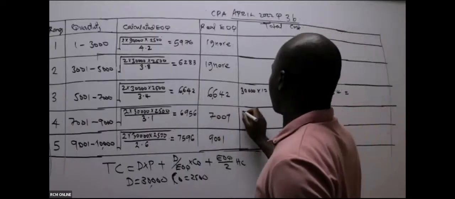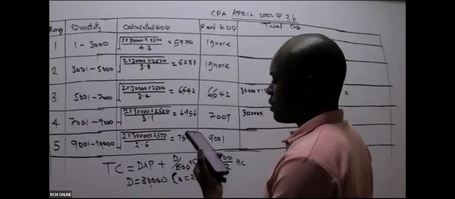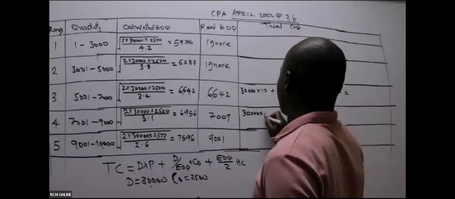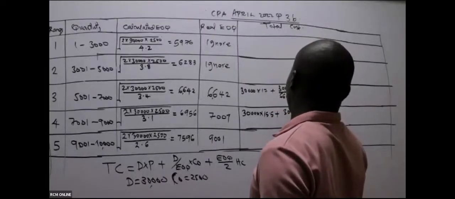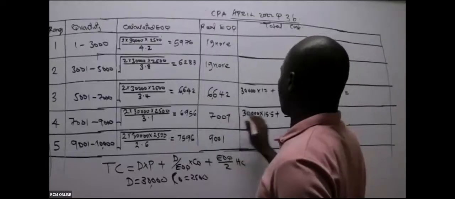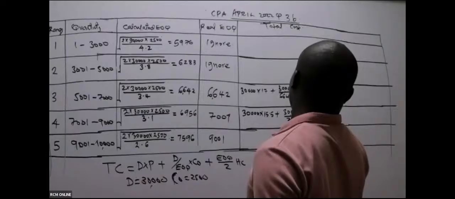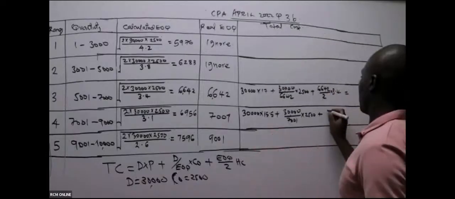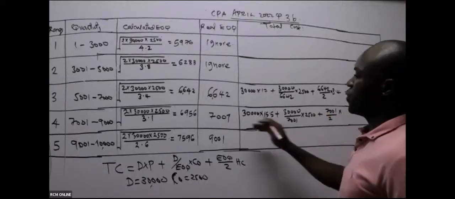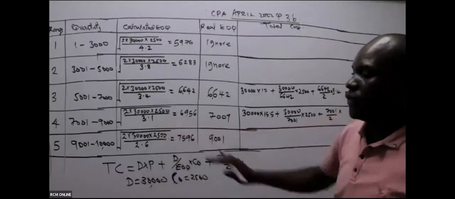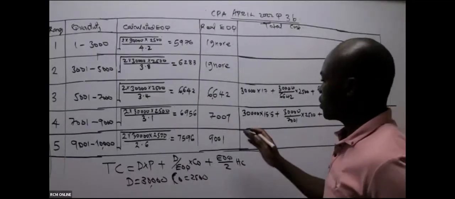So we have 30,000 times purchase price under range 4, which is 15.5, plus 30,000 divided by the real economic order quantity, multiplied by ordering cost, plus economic order quantity divided by 2 times holding cost. So holding cost under range 4 changed. That is 3.1. Then let's go to the fifth one.